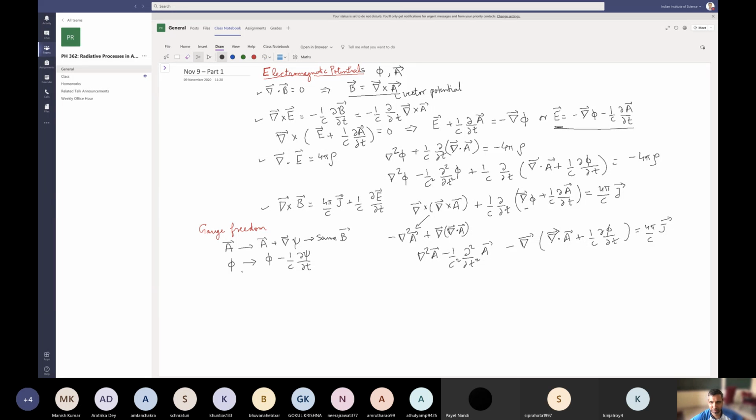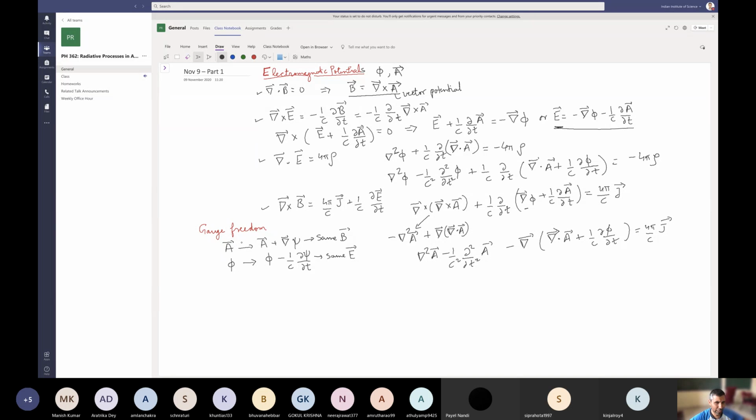Similarly, if your phi goes to this, the electric field is minus grad phi and minus 1 by c dou dou t grad of psi. Because of this dou dou t, this will also give you the same electric field. So you can always add such a scalar function psi to these potentials, and this is called gauge freedom.